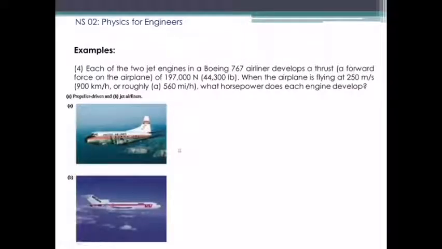Another example, each of the 2 jet engines in a Boeing 767 airliner develops a thrust of 197,000 newtons when the airplane is flying at 250 meters per second. What horsepower does each engine develop? So simply get the power.